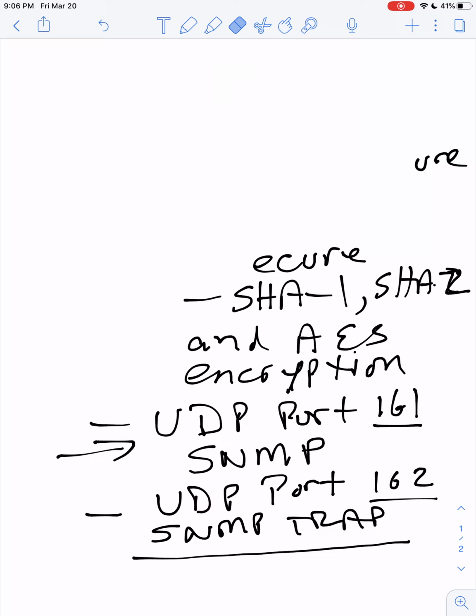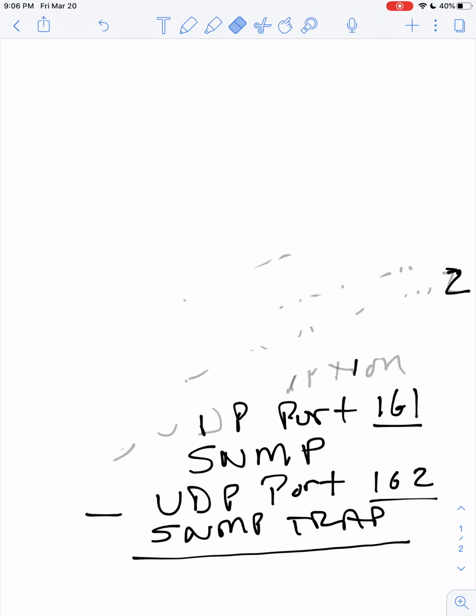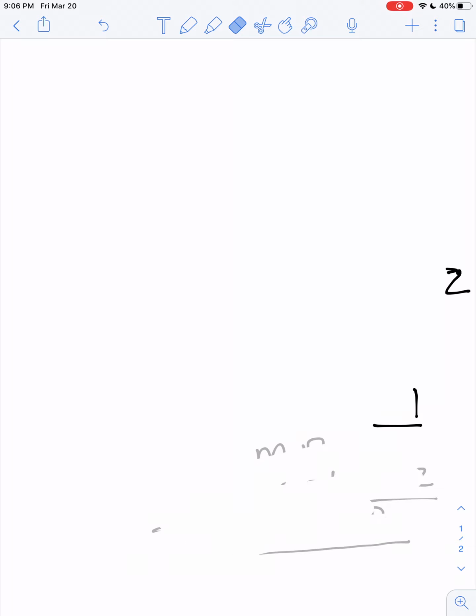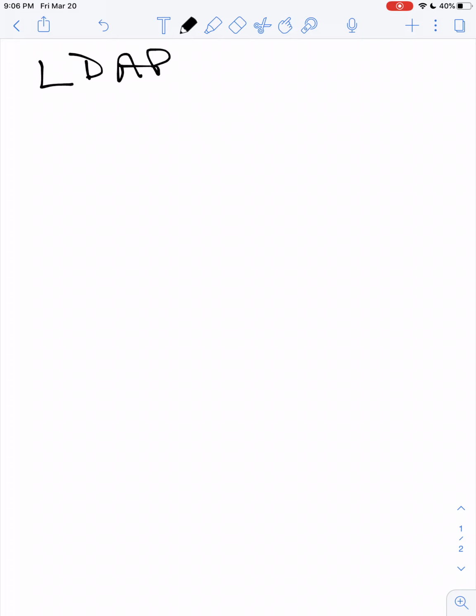And the last protocol we have for this chapter is called LDAP, the Lightweight Directory Access Protocol. This is very similar to Active Directory, if you've ever had to work in Active Directory. In fact, Active Directory is actually based on LDAP.